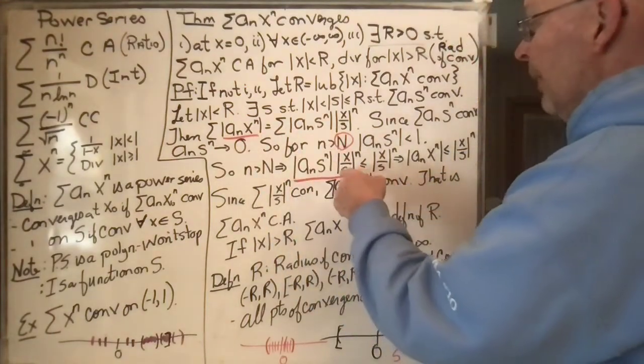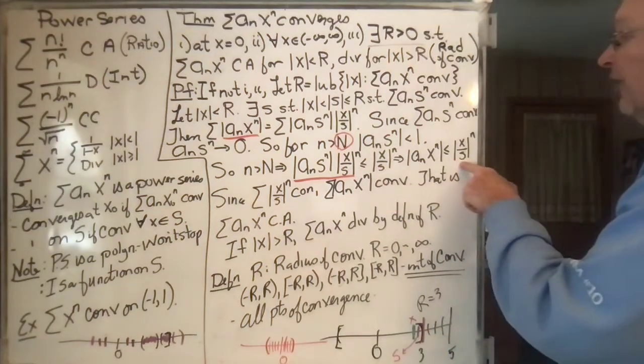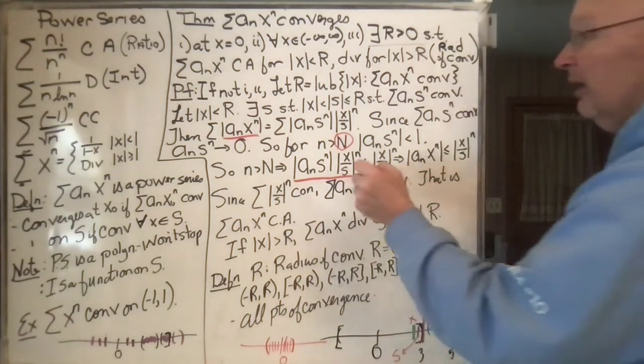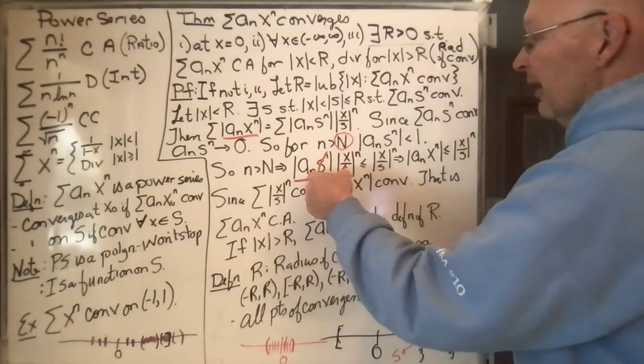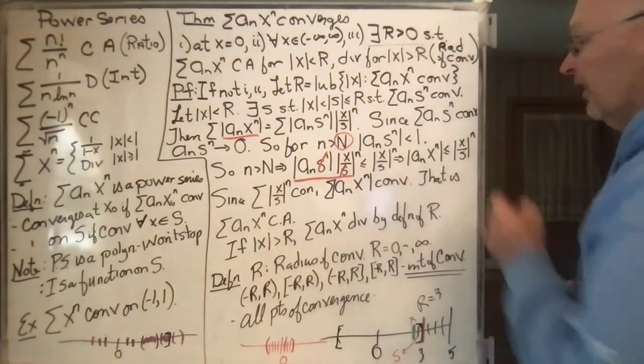That's the same. So that means that these things here are all going to be less than or equal to x over s to the n. Okay? Because these things here cancel out. I get an x to the n that is less than or equal to this.